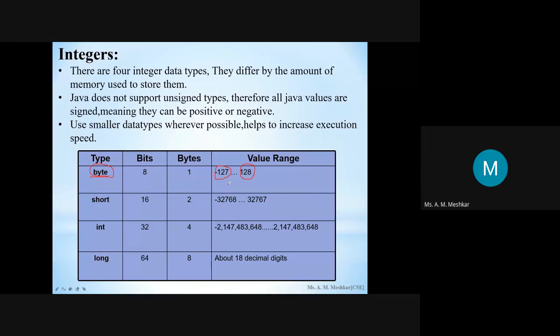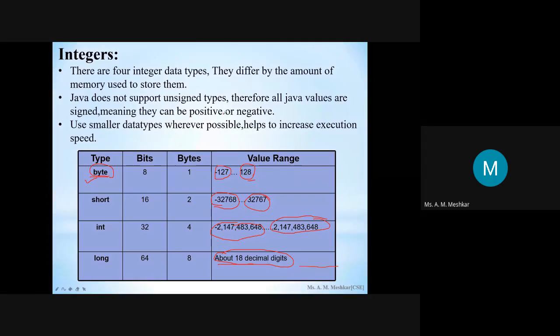So from minus 127 to plus 20, these numbers can be represented with such a data type. Then here also there is a minimum range and maximum range. For long there is a large number which consists of 18 decimal digits. I have not written that number here, but remember for long also there is an 18 decimal digit minimum and maximum range.